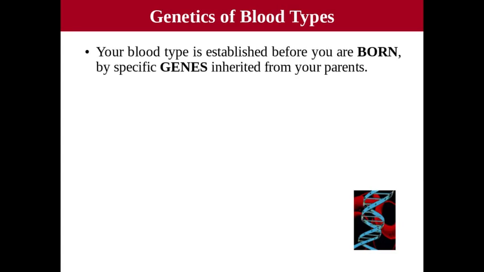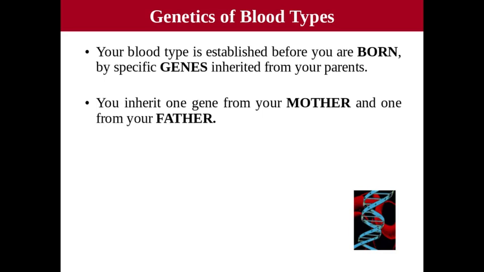The different types of blood are determined by our parents. It's a genetic inheritance from your parents. You're born with a specific type of blood. The inherited genes come from your father and your mother.